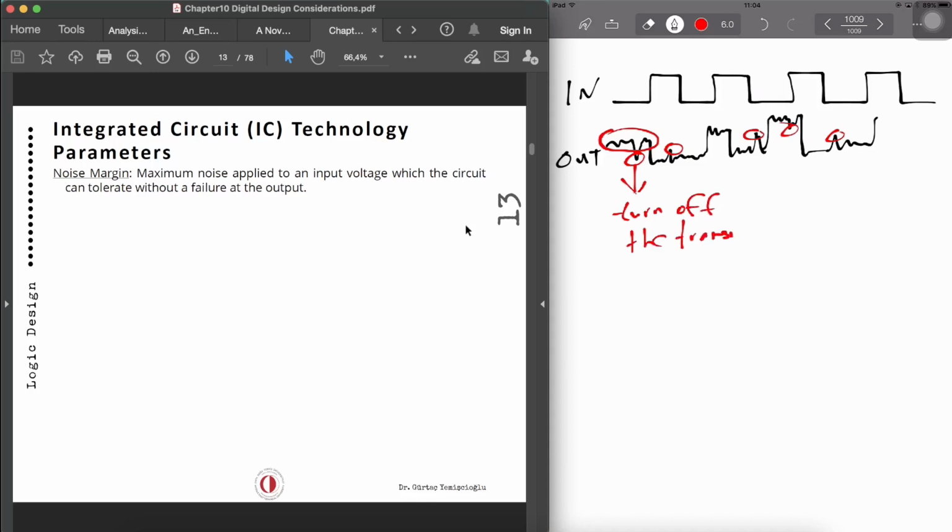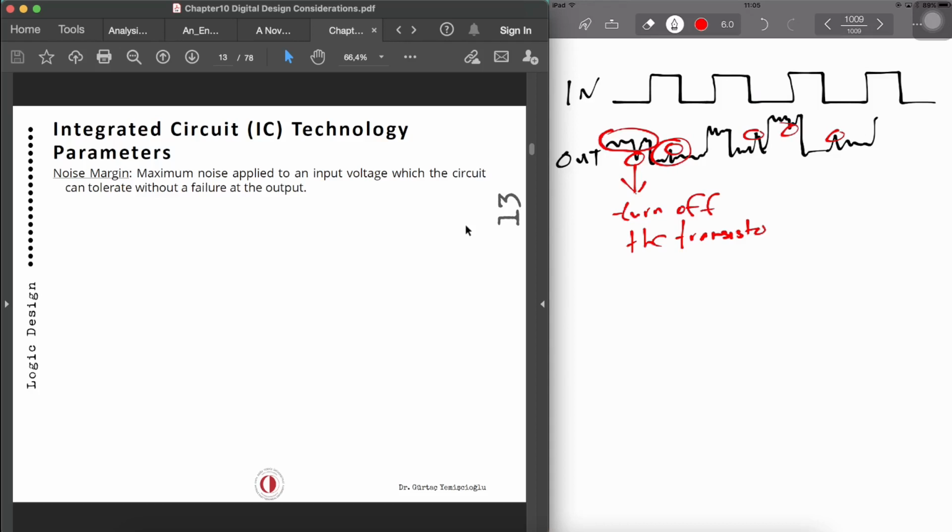So if you are feeding this signal to another logic, it's going to appear like a logic 0, not logic 1. Or this one: as you have a spike over there, this might not be a logic 0, as it's around 0.7, for example. It might turn on the transistor on the next level.